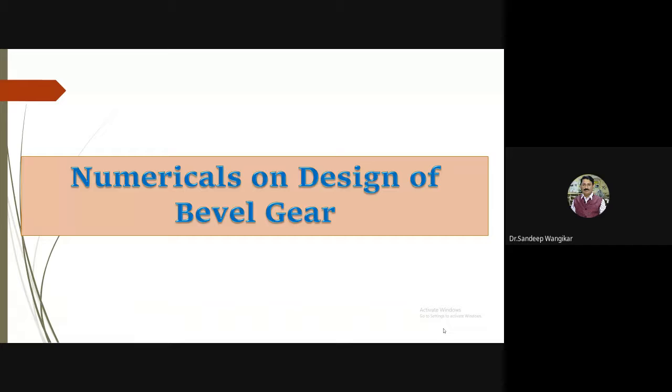Today we will discuss the numericals on the design of bevel gear. We have already discussed the force analysis, the basic terminologies and formulas, then the beam strength equation: SB is equal to MB sigma By into bracket 1 minus B by A naught.